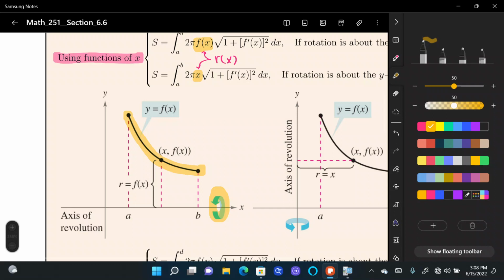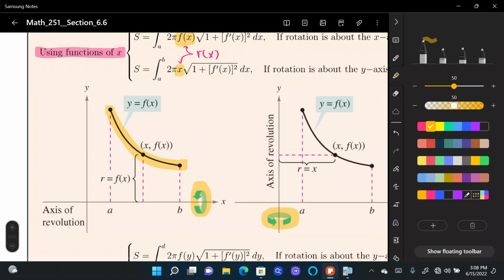That's why this radius will be given by the height of the function, evaluating at f of x. However, if we rotate about the other axis, the vertical y-axis, this distance is no longer going to give us a top minus bottom, but more like a rightmost minus leftmost.